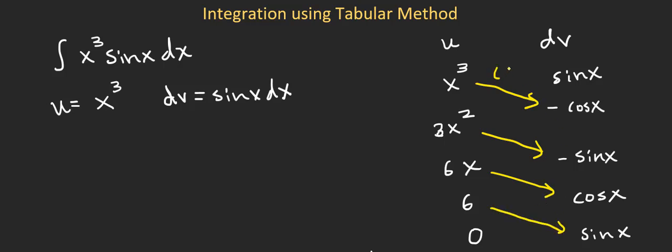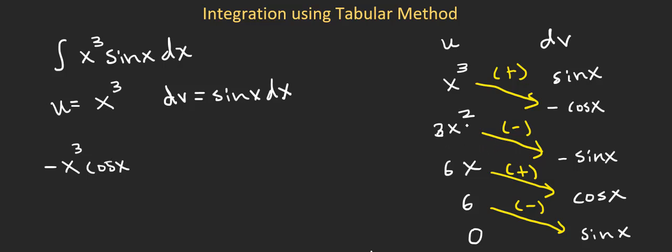Then don't forget the signs. Start with positive, negative, positive, negative. So your answer will be x cubed times negative cosine x times positive, which is negative x cubed cosine x.